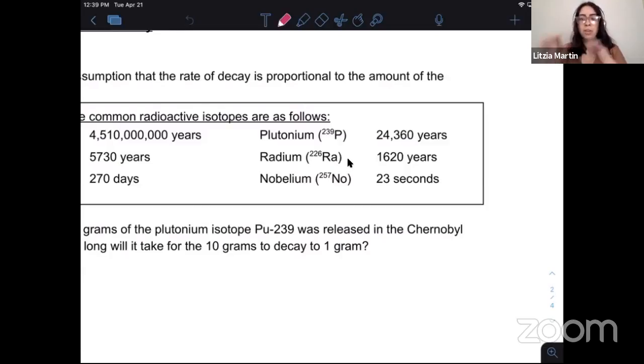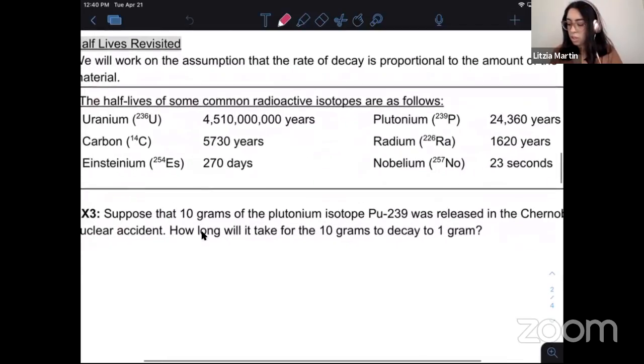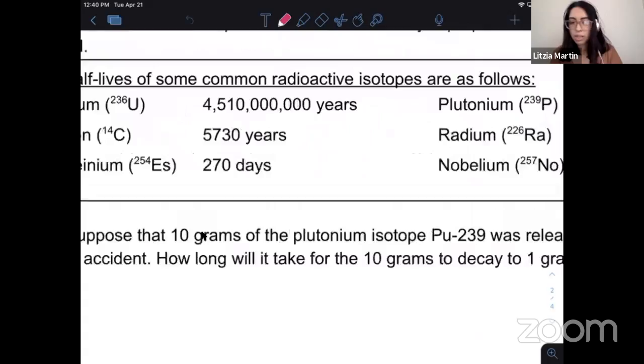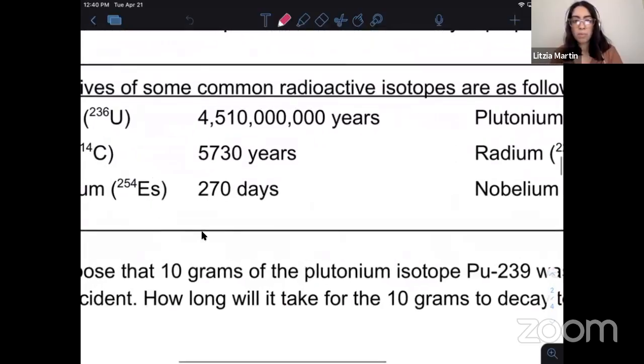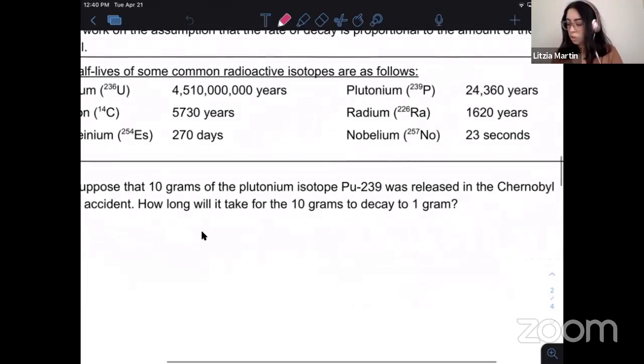And then you'll see all the different chemicals, or isotopes, have different half-lives. We're going to be using that to answer some questions here. You'll see we get crazy amounts of half-lives, from days to years to seconds and all of that.